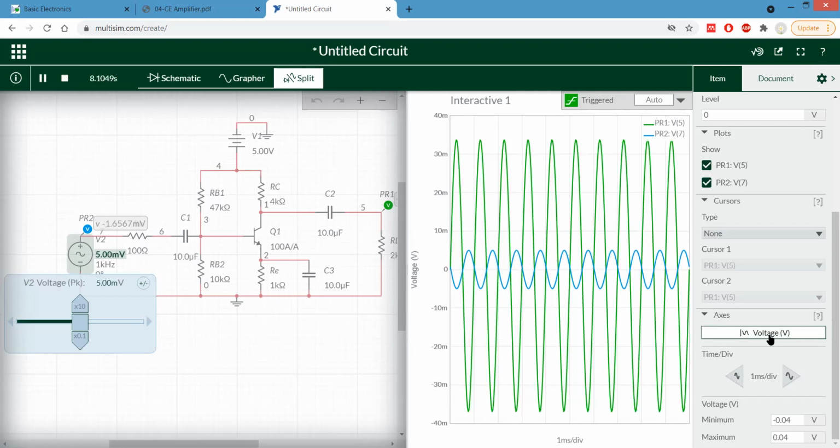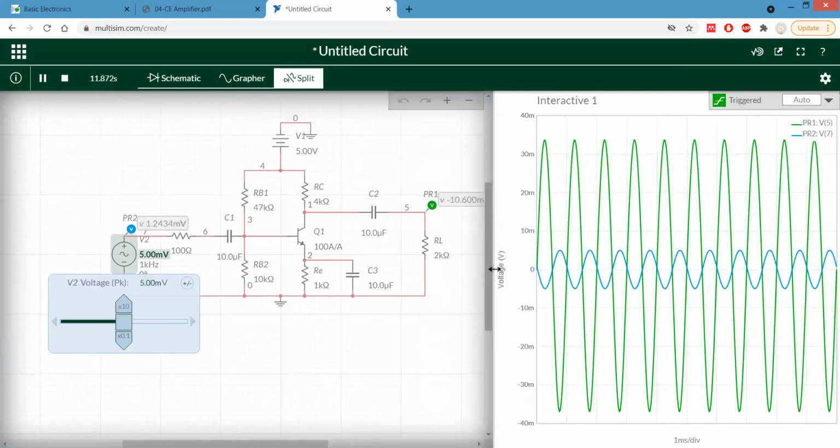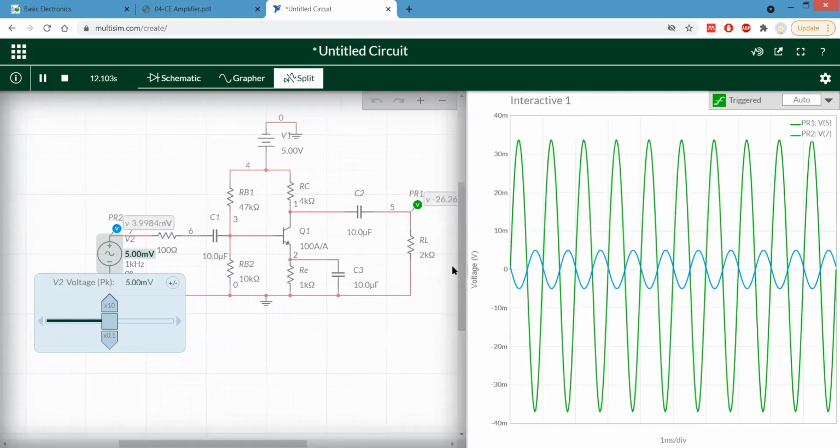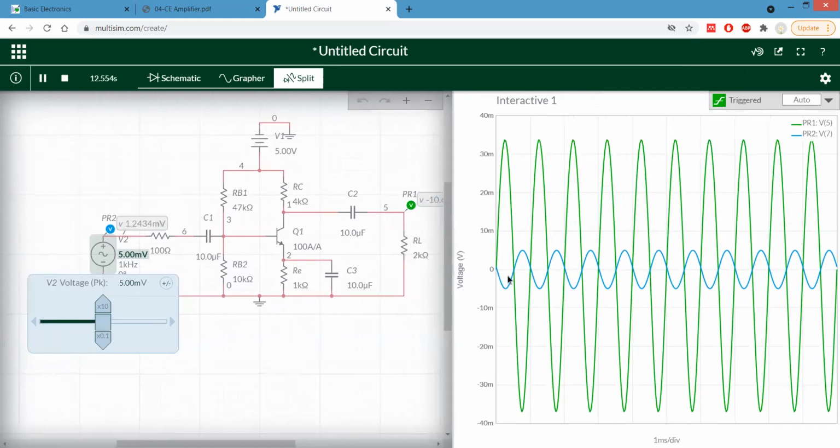We are having this nature because we have given 5 millivolt and we are having an output of 35, something like that. Yeah, 33 or 34 millivolt. Now in this case, this is the input signal and this is the output signal. The green one is the output waveform, and the blue one is the input waveform.